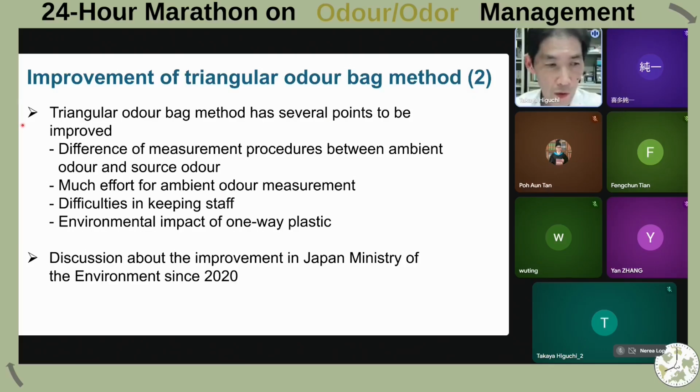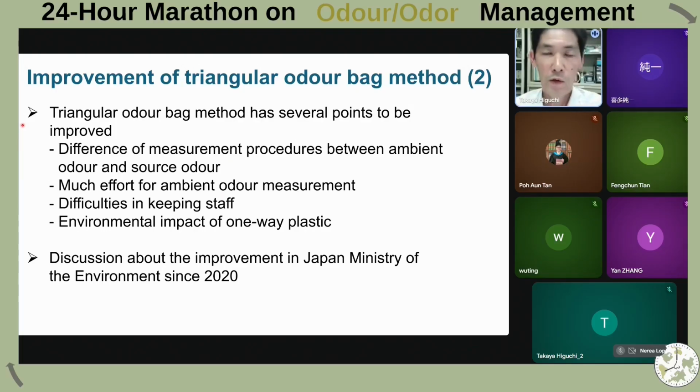The Japan Ministry of the Environment made a contract with the Japan Association on Odor Environment, and a special discussion group was formed in the Japan Association on Odor Environment. I'm a member of the group, and we have been discussing the improvement of this method since 2020.